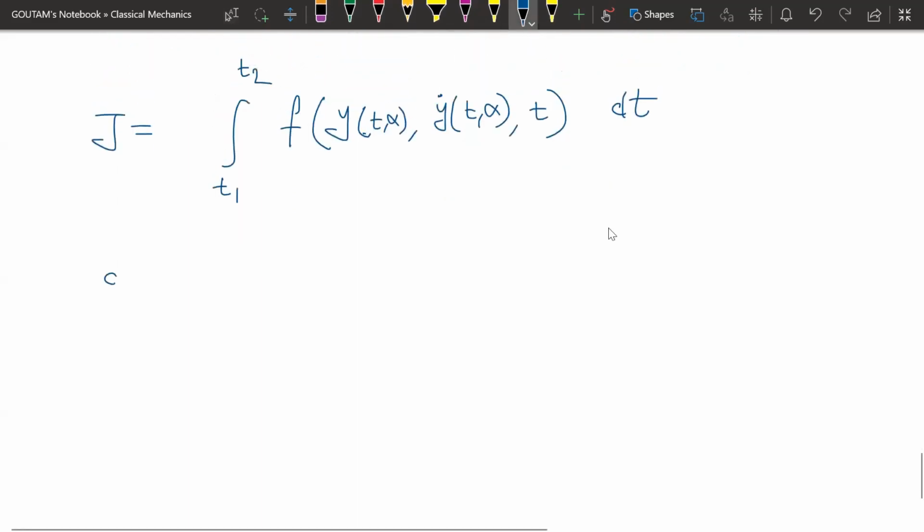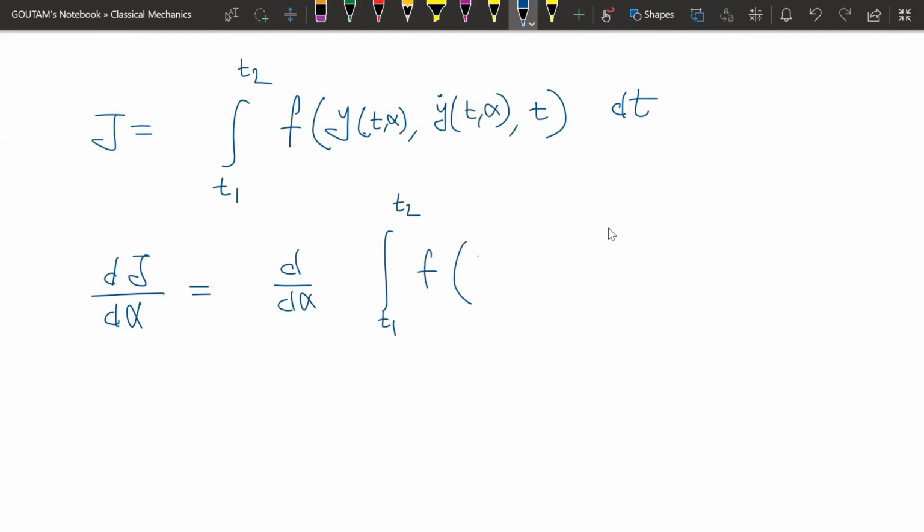Now the variation of this line integral with respect to alpha, which is dJ/d alpha, that means if you vary the path, is d/d alpha of the integral from t1 to t2 of f of y(t, alpha), y dot(t, alpha), t, dt. Now this alpha is independent of t, so we can take this derivative d/d alpha inside.